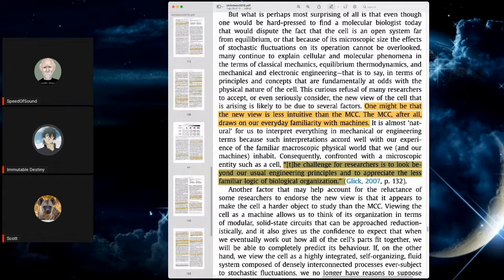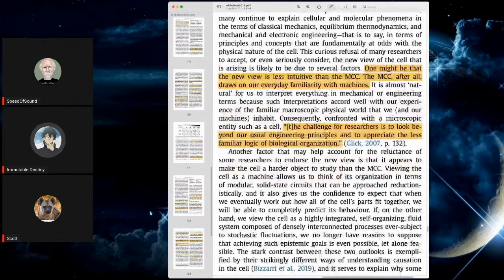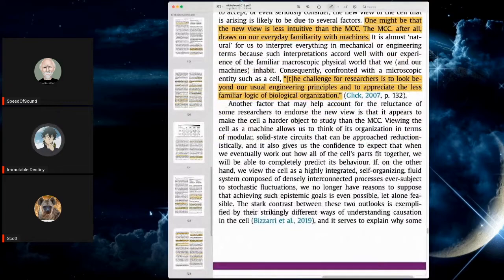Consequently, confronted with a microscopic entity such as a cell, the challenge for researchers is to look beyond our usual engineering principles and to appreciate the less familiar logic of biological organization. Obtained from Glick, 2007, page 132.